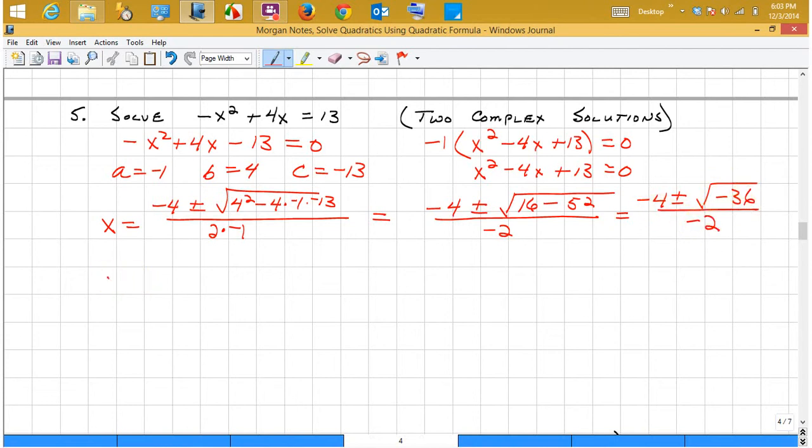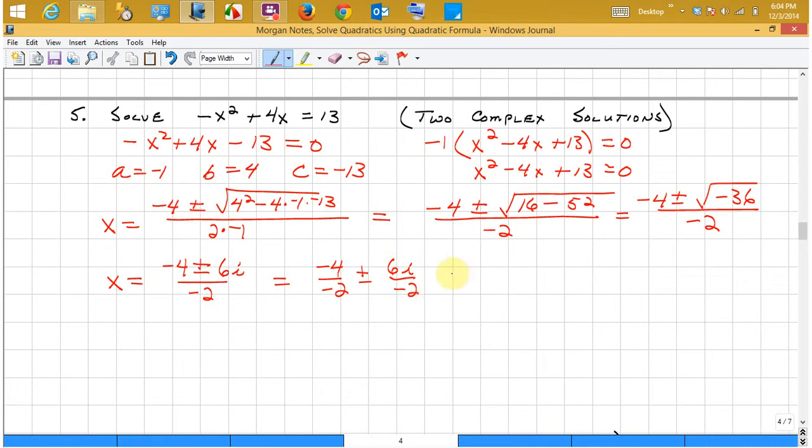Okay, so let's continue. x is equal to a negative 4 plus or minus, the negative on the square root will come out as an i. The square root of 36 is 6, so plus or minus 6i all over a negative 2. Now that's not simplified. What we really want to do is always express a complex number in standard form. So I'm going to write the real portion. That would be a negative 4 all over negative 2 plus or minus the complex portion, which would be 6i all over negative 2.